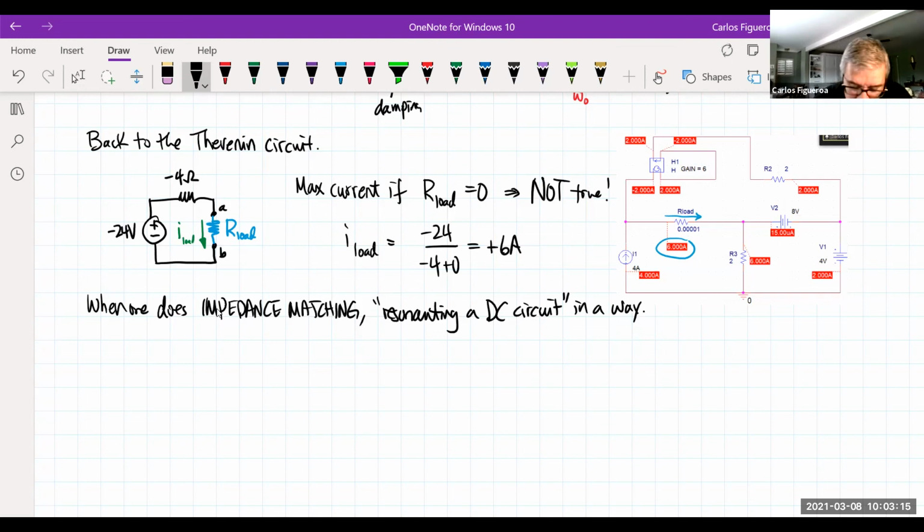In other words, what we're doing here is that we're going to set our load to 4 ohms.